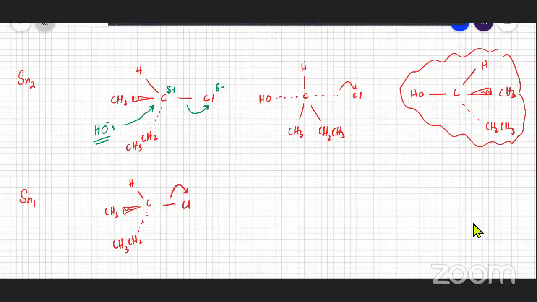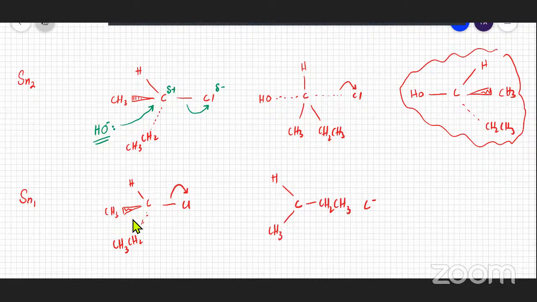And when it breaks off, a carbocation is formed. So the Cl minus one would break off, and this carbon atom would become flat, because now it only has 3 bonds. It's a carbocation. There's going to be H, CH3, and CH2, CH3.